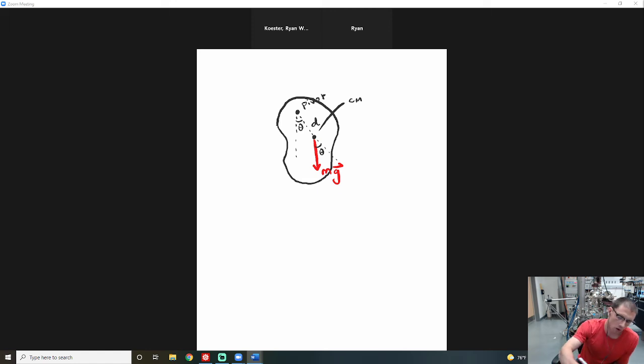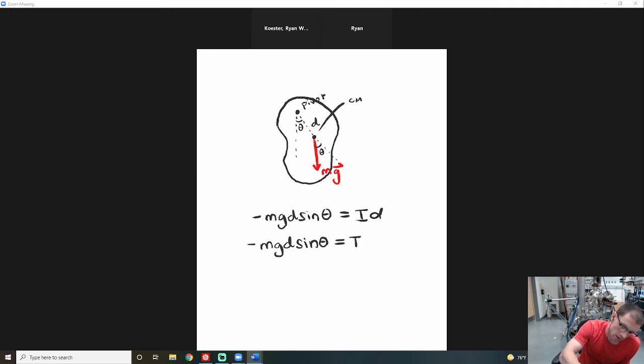And as before, we're just going to find, let me be careful about this time, that negative mgd sine theta equals I alpha. And this again is negative mgd sine theta, which equals I theta double dot.